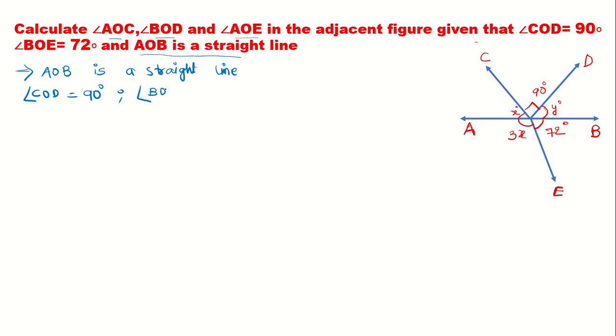Angle BOE is equals to 72 degrees. Okay. AOB is a straight line and it is given that angle COD is 90 degrees and angle BOE is 72 degrees. Now, first we'll try to find out this down part and next we'll move to this up part.